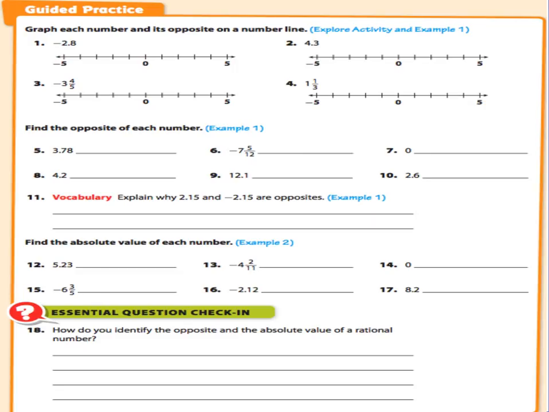All right, so you have 18 problems for your guided practice. Again, just remember, it's exactly the same as absolute value and opposites with integers. It's just now we're including fractions and decimals. My biggest concern and my biggest caution is to make sure you're taking your time when plotting your numbers. Compare everything to half. So in this case, let's look at 4/5. Well, is 4/5 bigger or smaller than half?